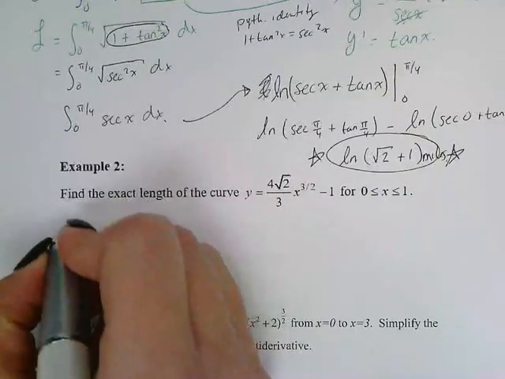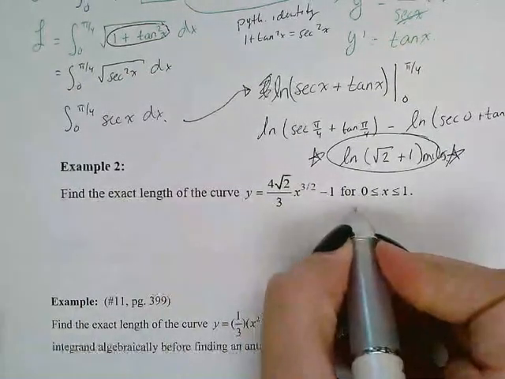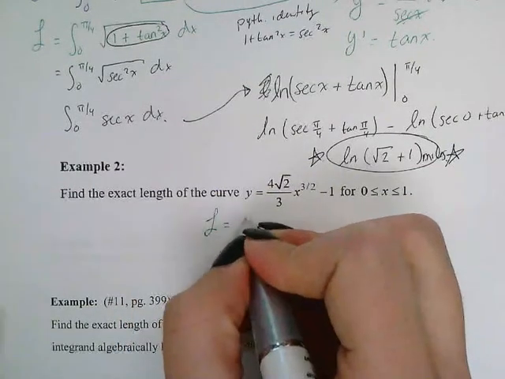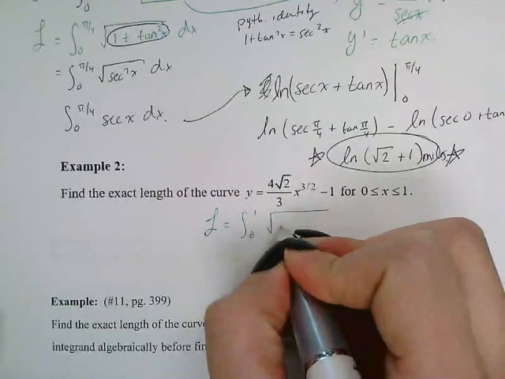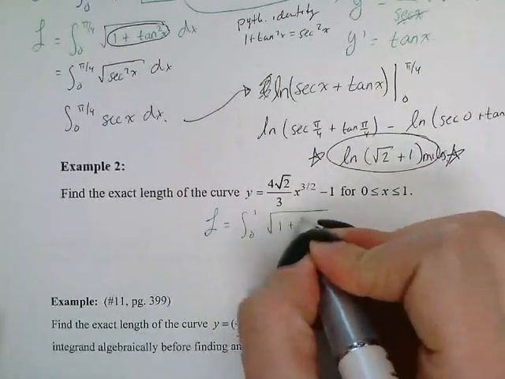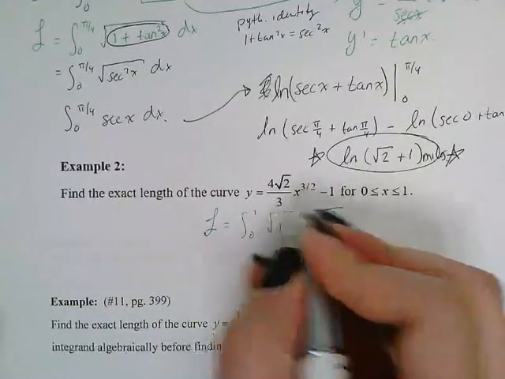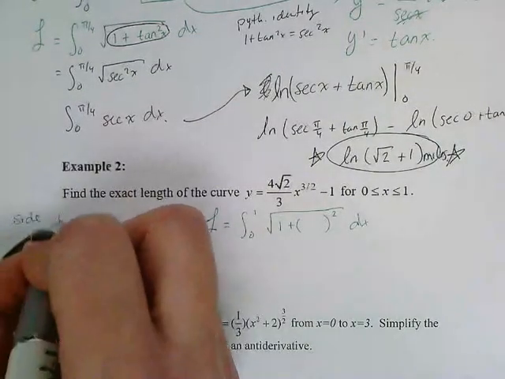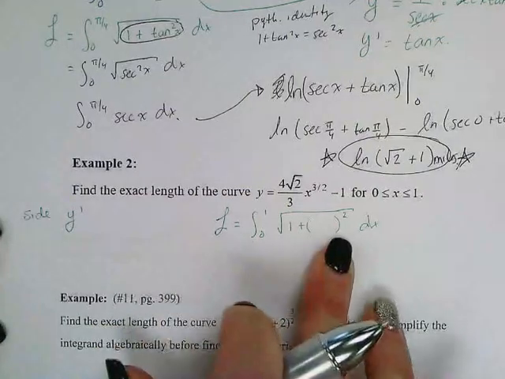We know that the formula is going to be L equals the integral from 0 to 1 of the square root of 1 plus the derivative squared of the function dx. So I'm going to do some side work and find the derivative. It's probably best to do the derivative first and then plug it in, or you can just set it up and then plug it in.